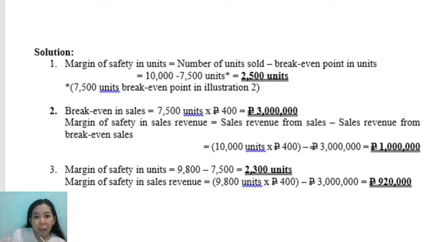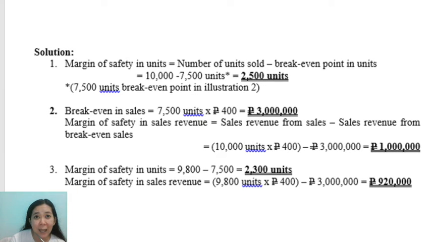Okay, for our solution, margin of safety. Our formula is number of units sold minus break-even point in units. Again, the number of units sold must be greater than the break-even point in order for the company to have a profit.